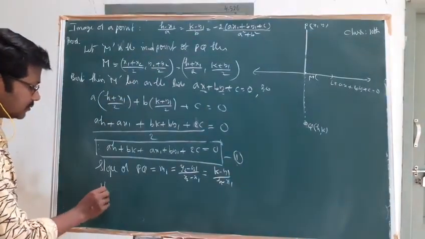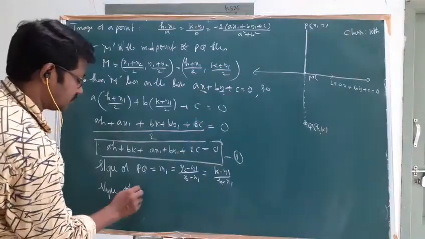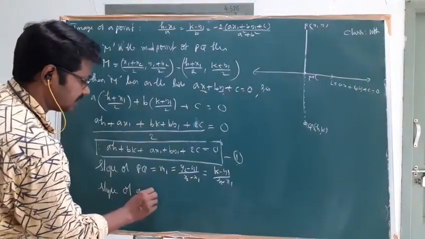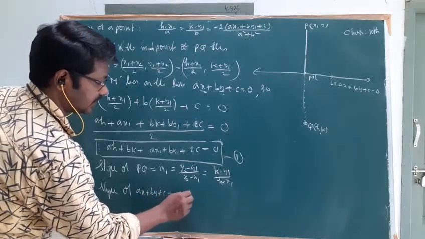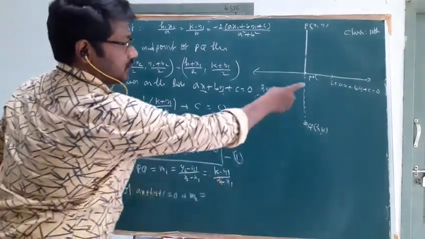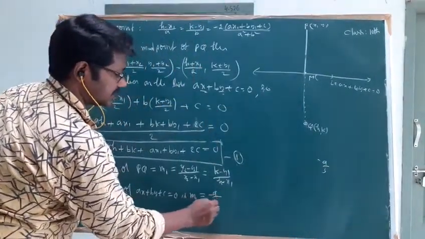And also the slope of the line ax + by + c = 0 is m2. The slope of the line formula is -a/b, no? Minus a by b.